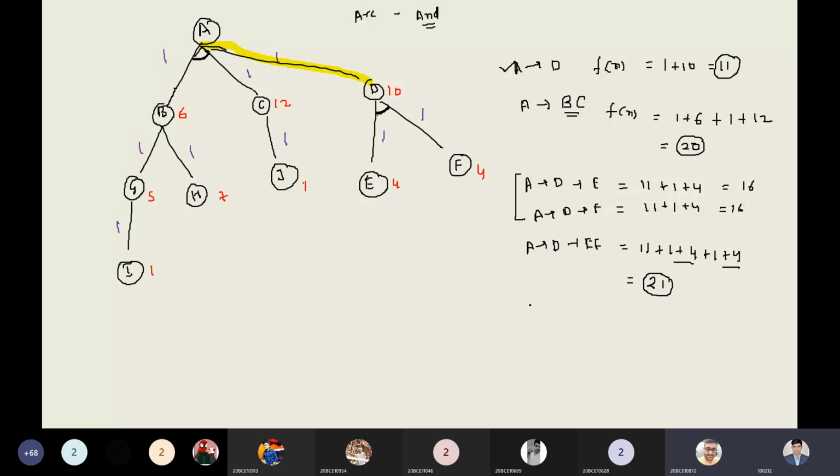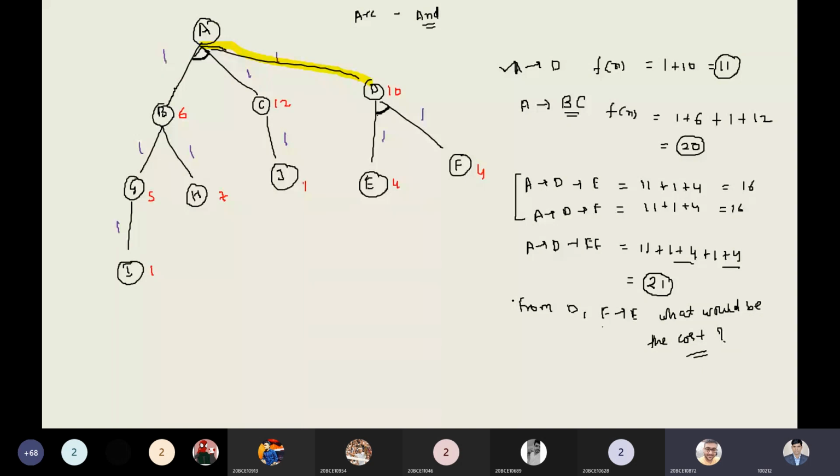If you are moving from A to D via A to D and EF, then you are getting the cost 21. But from D, moving F to E, what would the cost be?